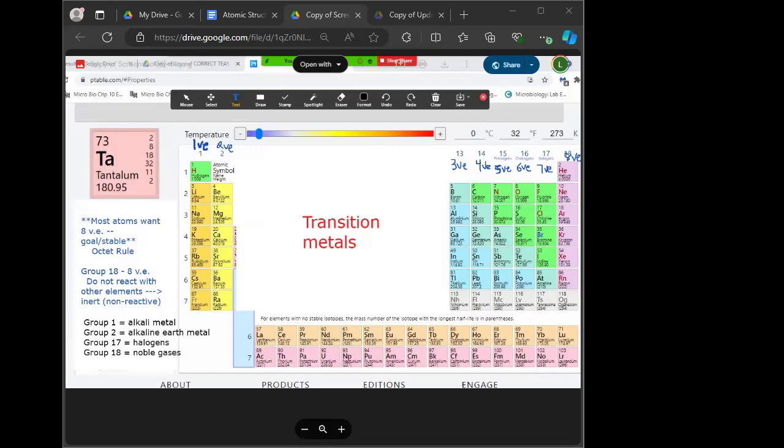And everyone in group 2 is called an alkaline earth metal. Everyone in group 17 is called a halogen. And then everyone in group 18 is a noble gas.